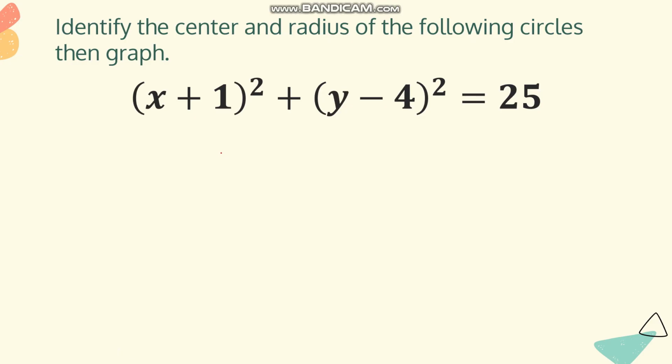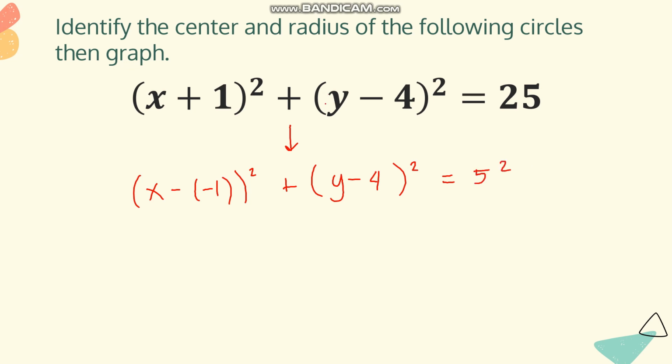For our last example, again, let's identify the center and the radius. So we can write this equation as x minus negative 1, squared, plus y minus 4 squared. Then our 25 here will become 5 squared. So again, we're just using the standard equation of a circle.